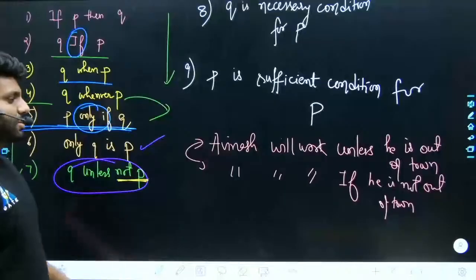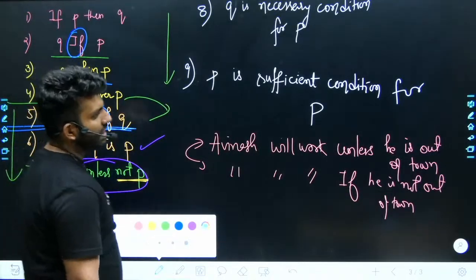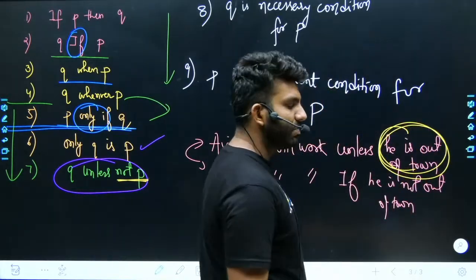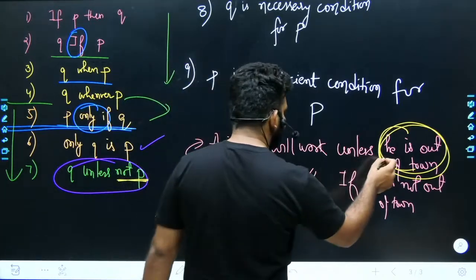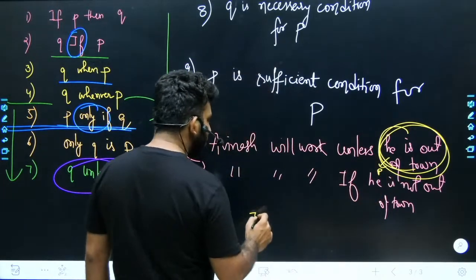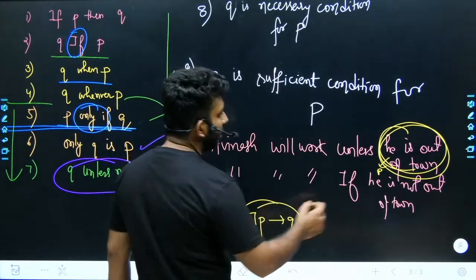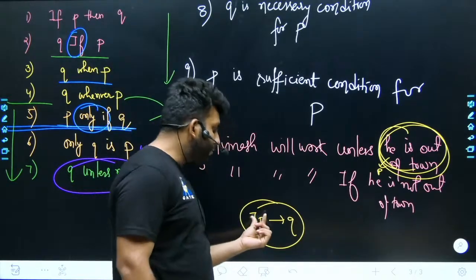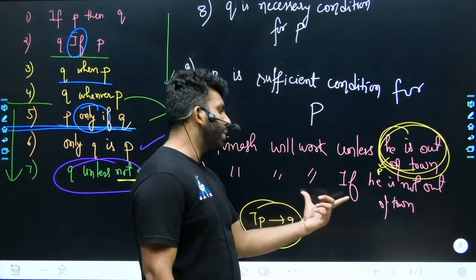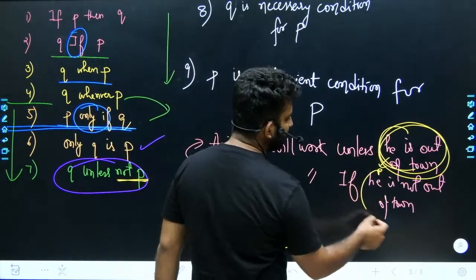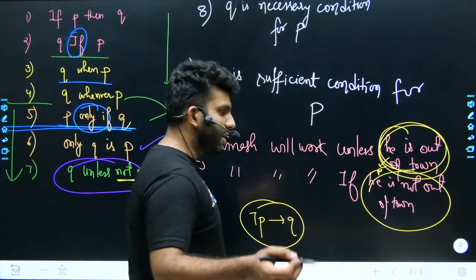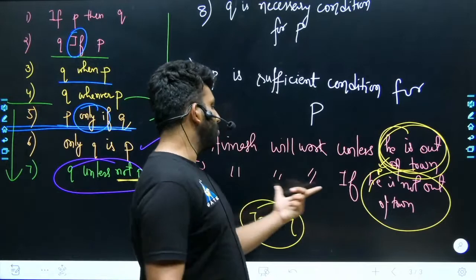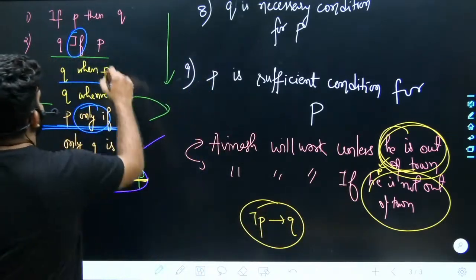So that means whatever was there with unless, if you call it P, then I'll write not P implies Q. As you can see, if this was P, then this is not of P. If this is P, then he is not out of town means not P. And if I am just using if, it is exactly similar to this part.